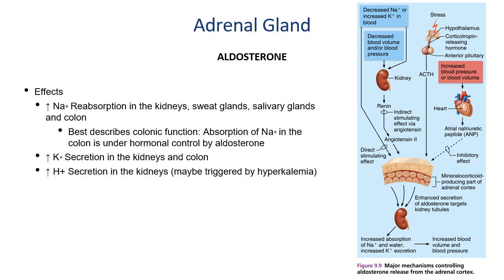So if you have high blood volume, you will have high levels of atrial natriuretic peptide or brain-derived natriuretic peptide that will decrease the release of aldosterone.